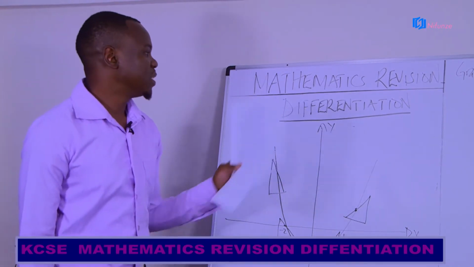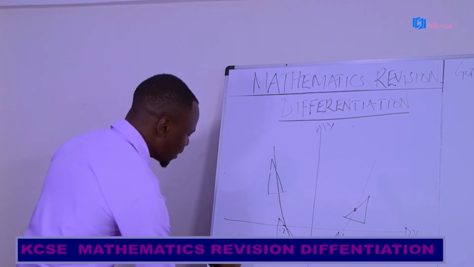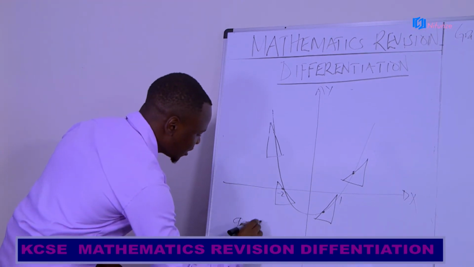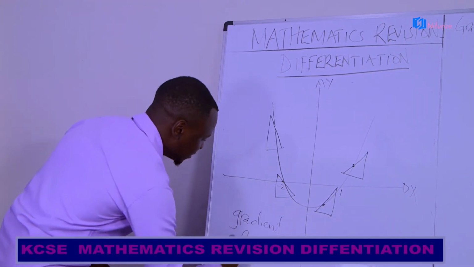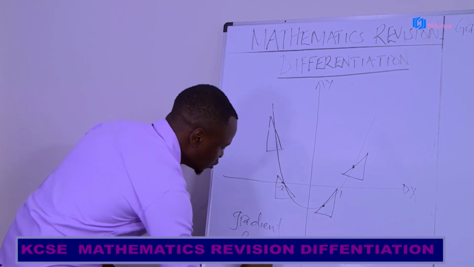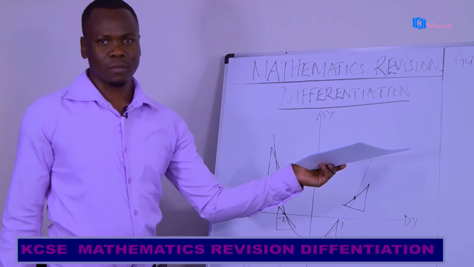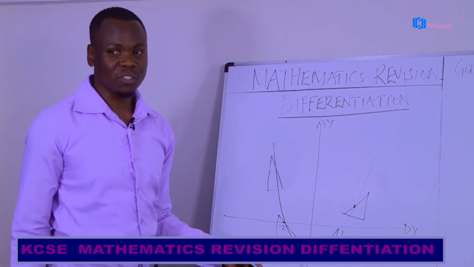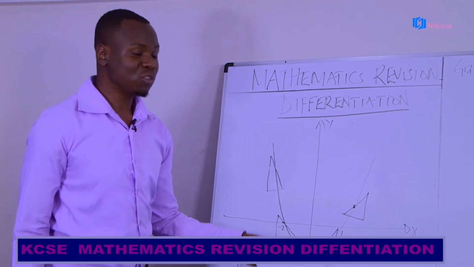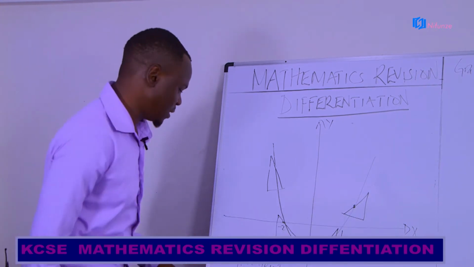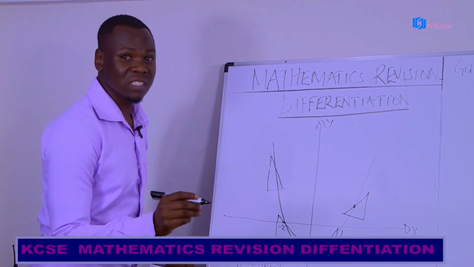So differentiation is the process of finding what we call the gradient function, which we use now to find the gradient at different points. The gradient function has different names.